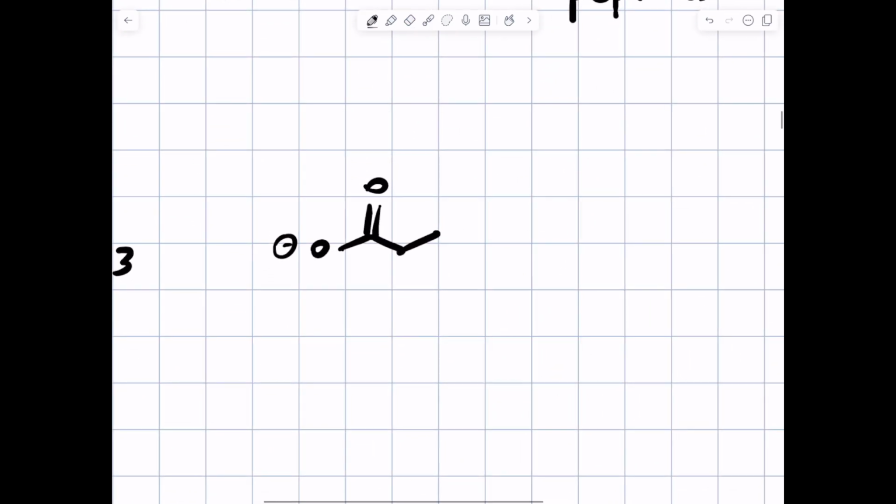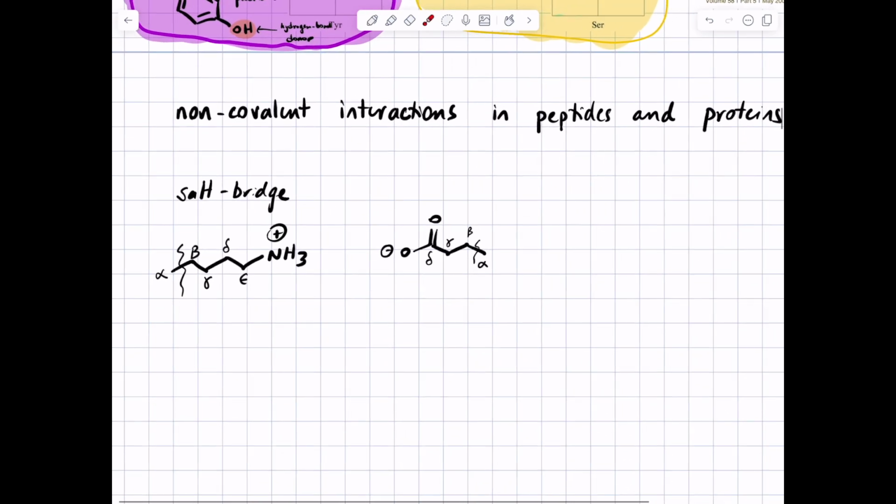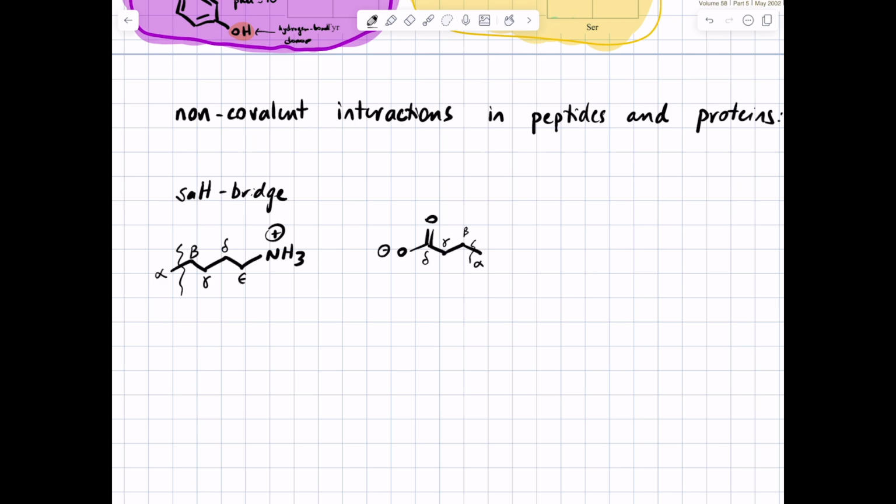So in glutamate, the negatively charged side chain is on the delta carbon. And in aspartate, the negatively charged side chain is on the gamma carbon. So aspartate is truncated one carbon relative to glutamate. Sorry, I wrote the wrong code. This is glutamate. That's the 3-letter code.